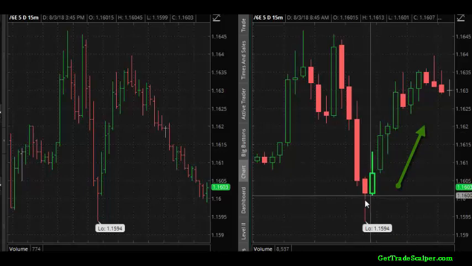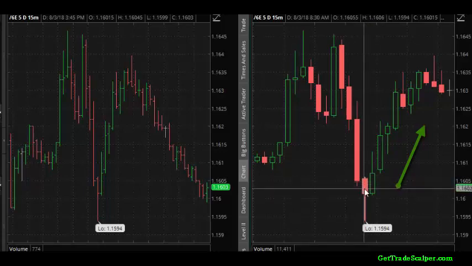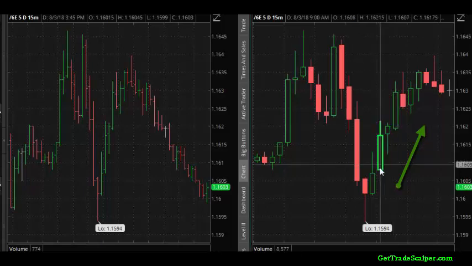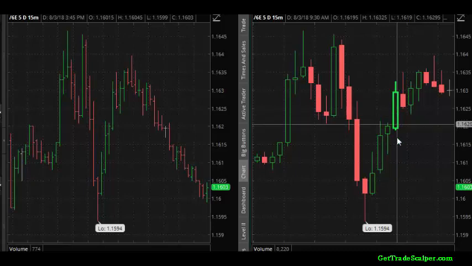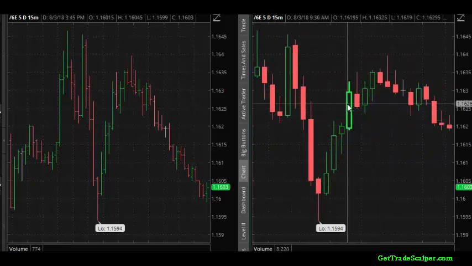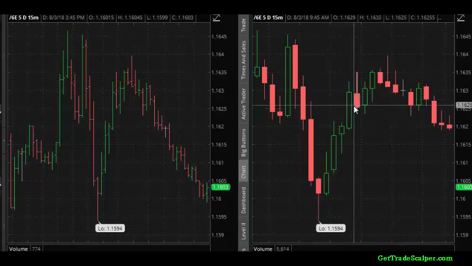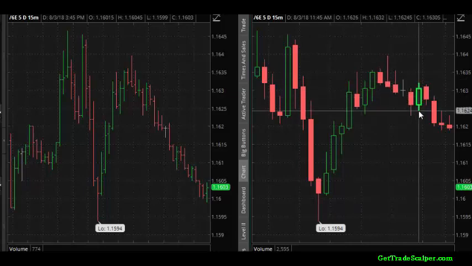So you can tell from this bar here, this bottoming tail type of a bar gives you an indication that the trend is about to go in a different direction from down to up. So that's another way you can visually look at the charts and come up with a part of your trading scheme as to how you're going to trade the price action based upon the candlestick representation on your chart.